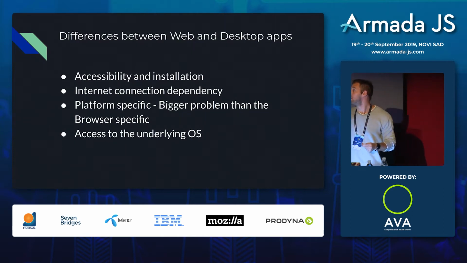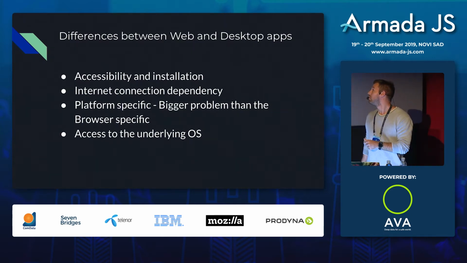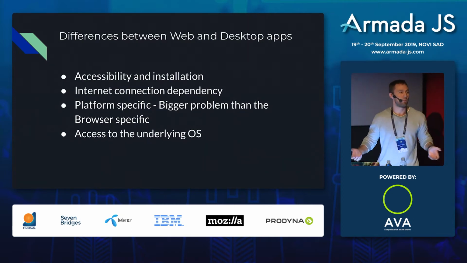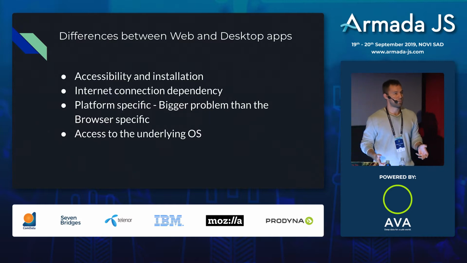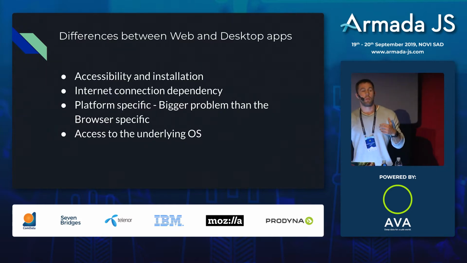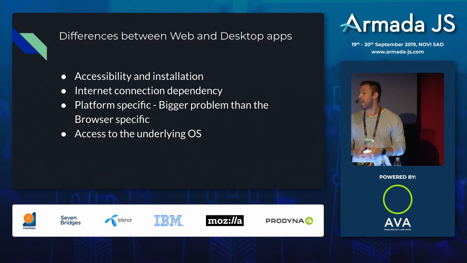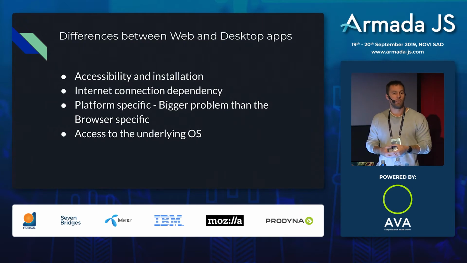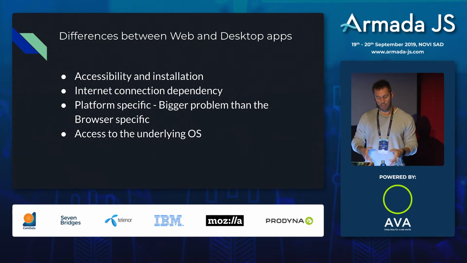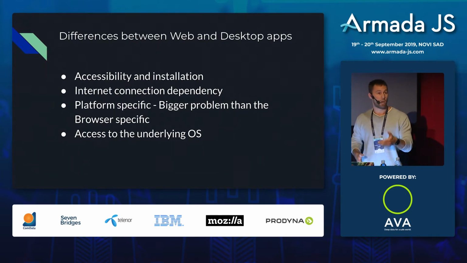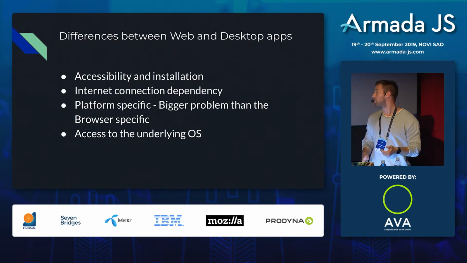Also, the benefit of web apps is that you run in a browser. You have a couple of different browsers, but they're pretty much the same. While Windows, Linux, and Mac OS are really, really different platforms, and it's really hard to write a single code base that can effectively run on all platforms.